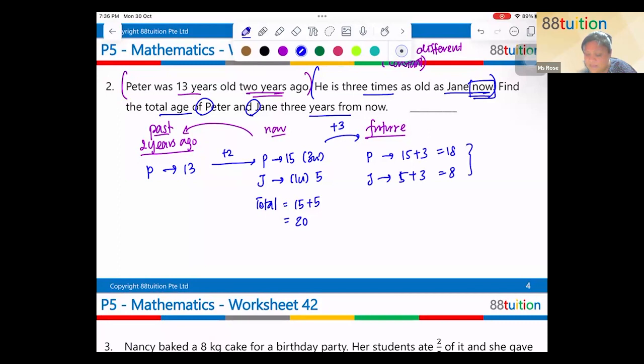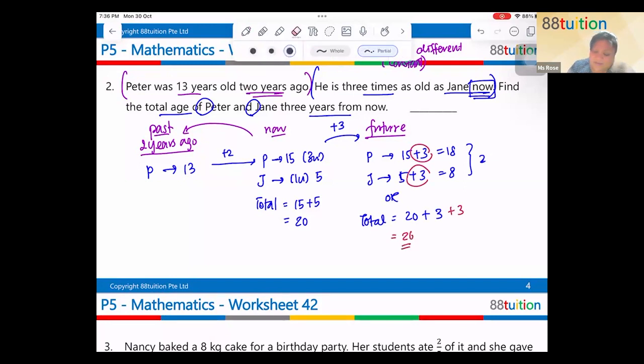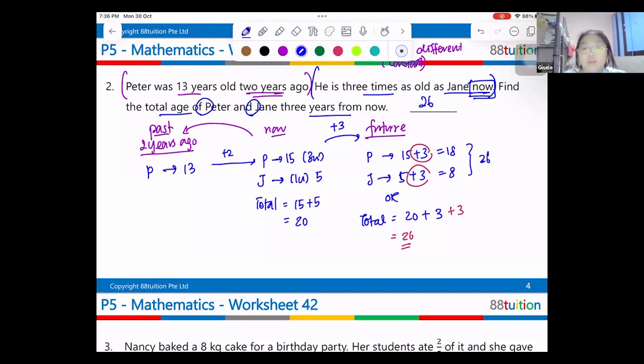So you either add them up this way, or you can find the total equals 20 plus 3 for Peter and 3 for Jane, which becomes 26. So either way, you will still get the same answer. Take note, the total of Peter and Jane 3 years from now would be 26 years. That is 20 plus 3 plus 3.